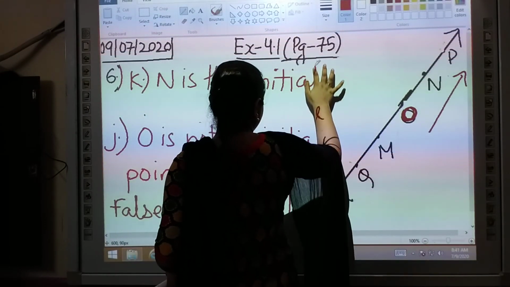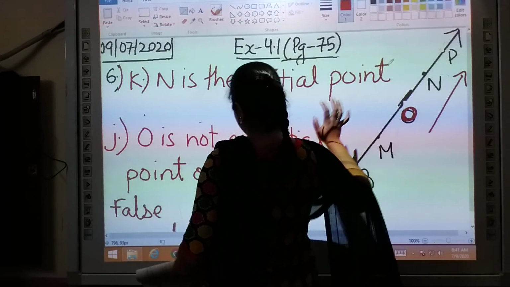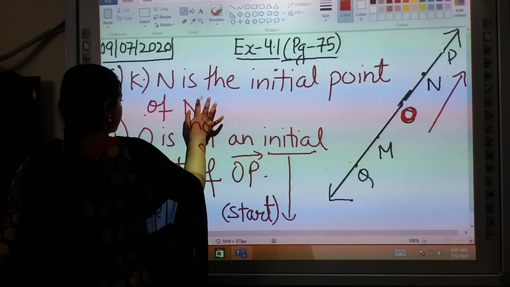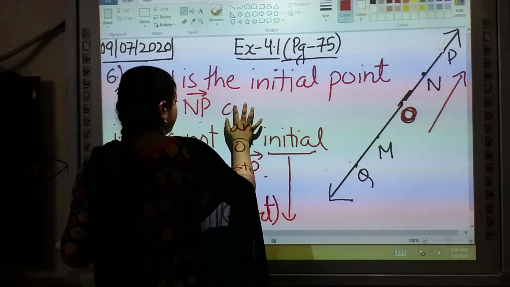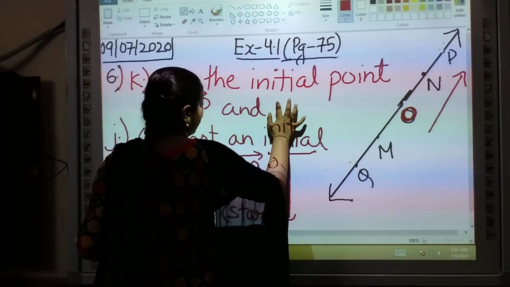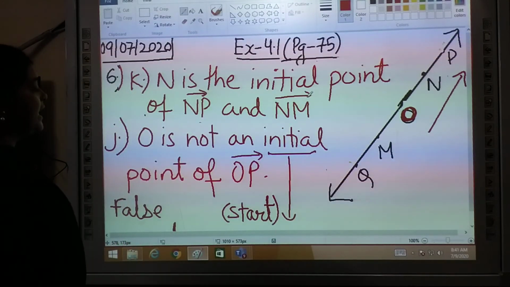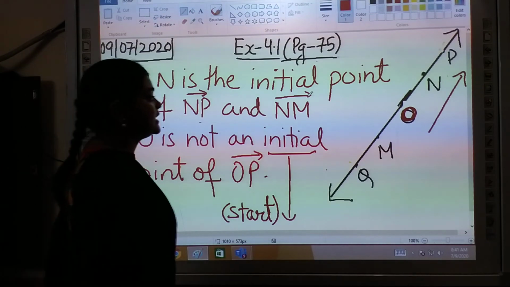Initial point. Again the word is used. यहाँ पे इसका मतलब होता है starting point. क्लियर है? क्वेश्चन में ये पूछा जा रहा है N जो है इनिशियल पॉइंट है रे NP का और NM का.